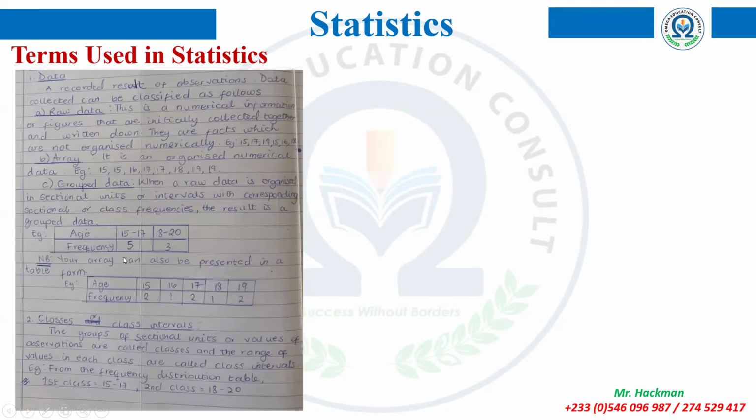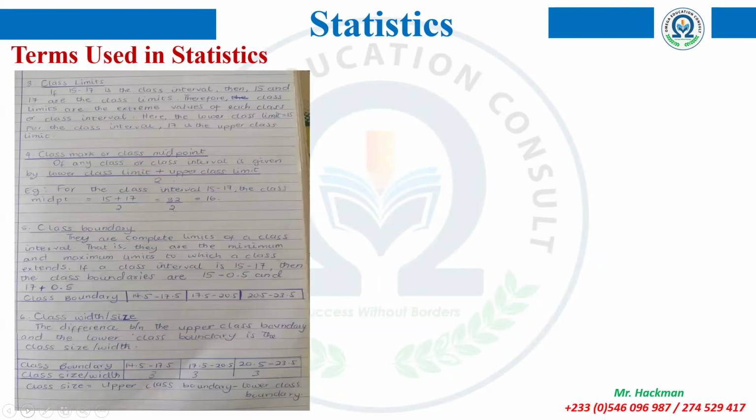Assuming I have the class 15 to 19, then I have another class, let me say 20 to 24, then 25 to 29.